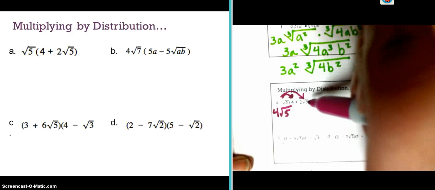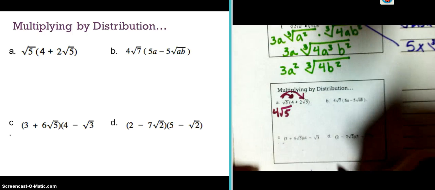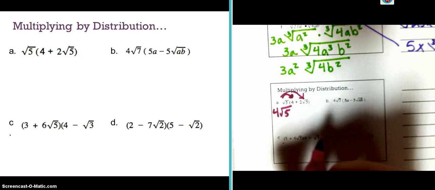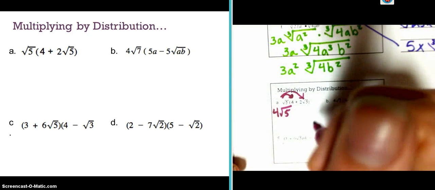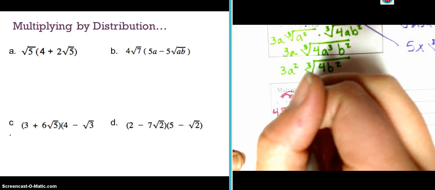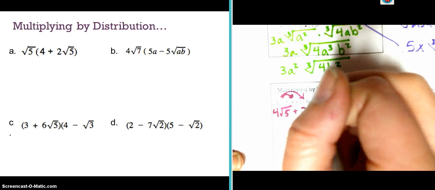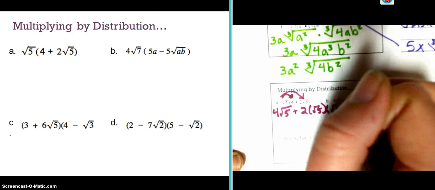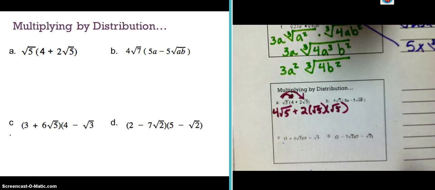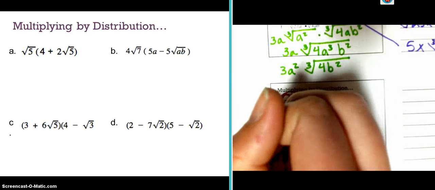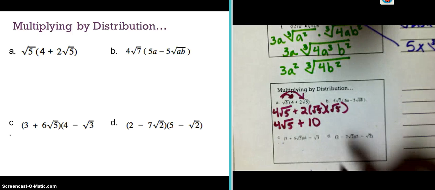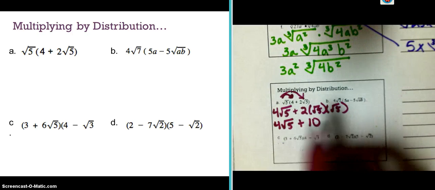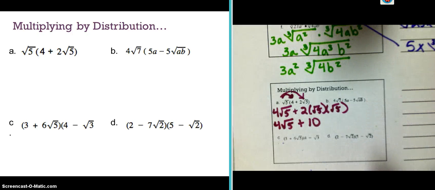So square root of 5 times 2 square roots of 5: the square root of 5 times the square root of 5 is like the square root of 5 squared, so that actually cancels. Plus 2 square root of 5 times square root of 5. Well, the square root of 5 times square root of 5 is just 5. So I actually get 4 square root of 5 plus 10. The square root of 5 times square root of 5 equals 5, and then 2 times 5 is 10. So that's for A.